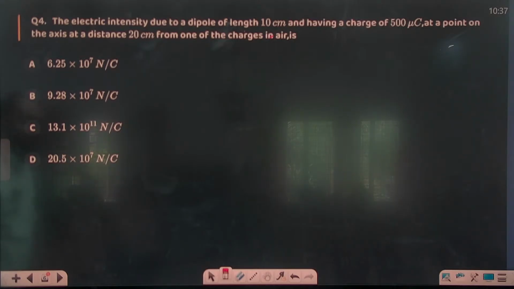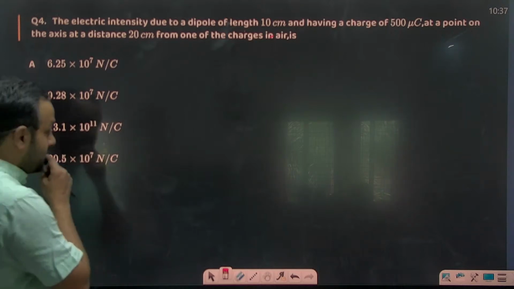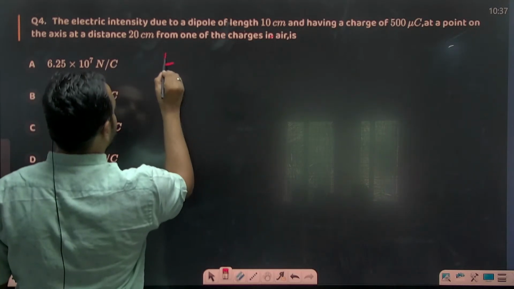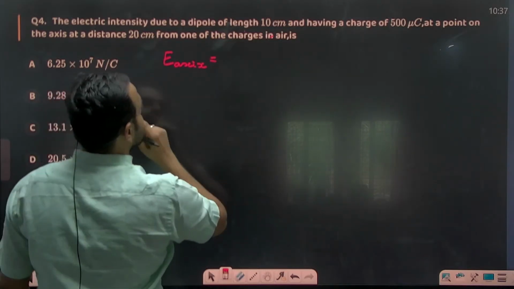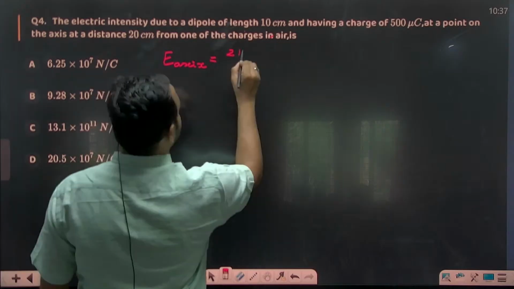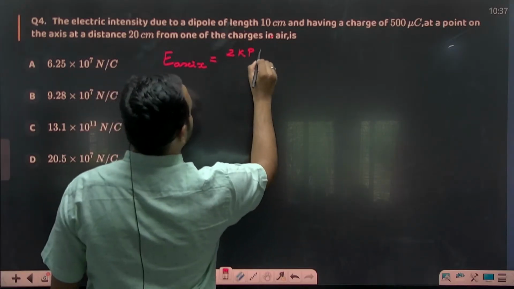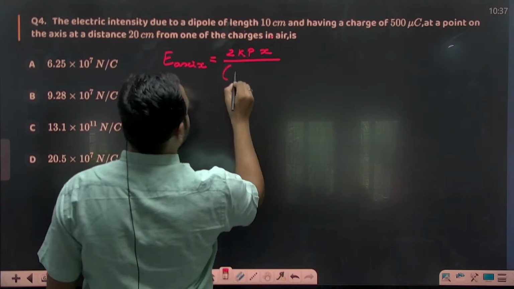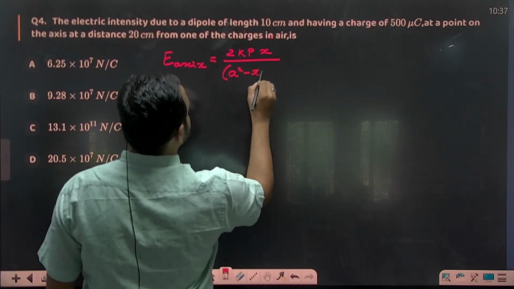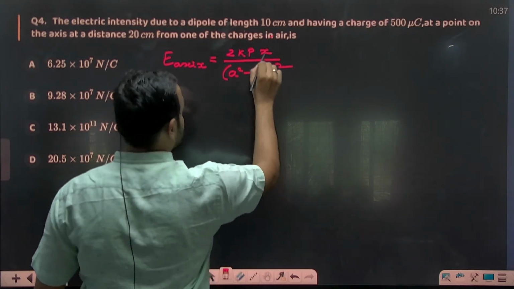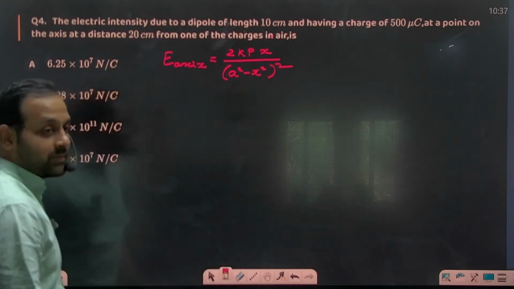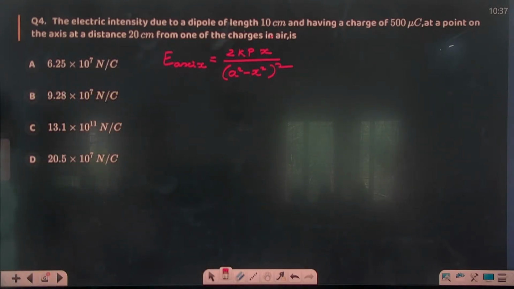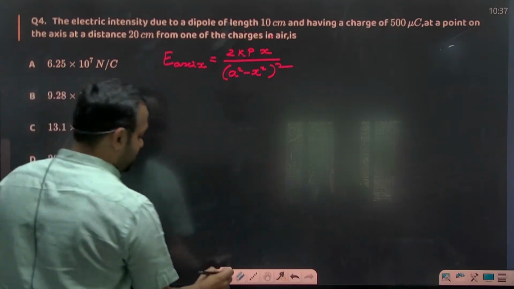Okay, so you have to use what? You have to use the axis formula. What is the formula on the axis? The short dipole formula is very easy. This one is, sorry, you have 2 kp into x divided by a square minus x square, whole square. What is written as x or r, we take it as r, we take it as x, distance from the dipole.